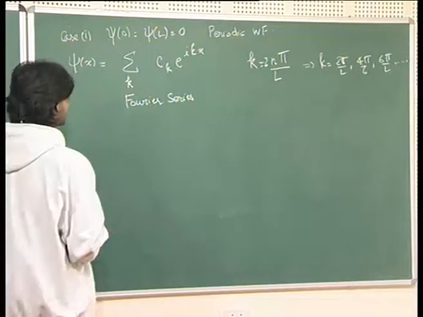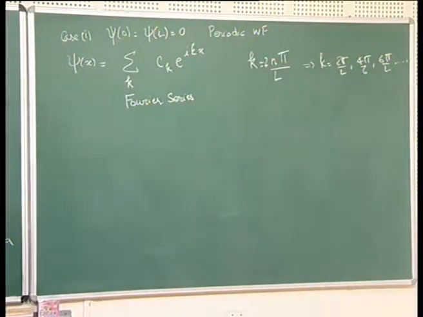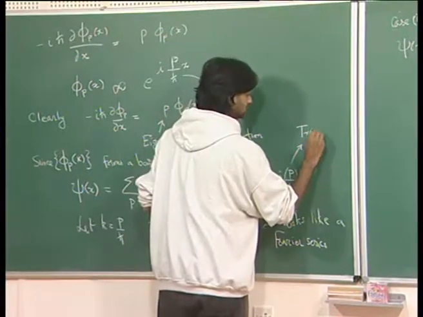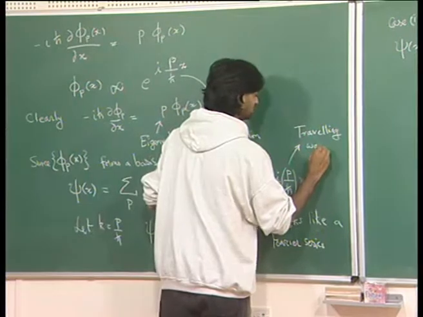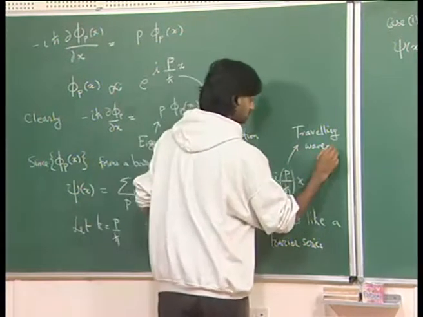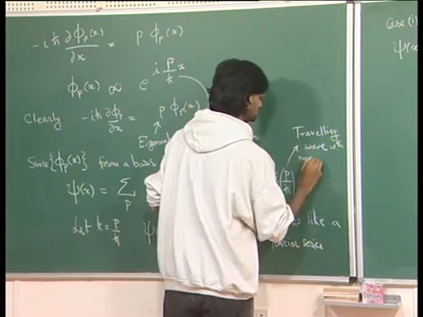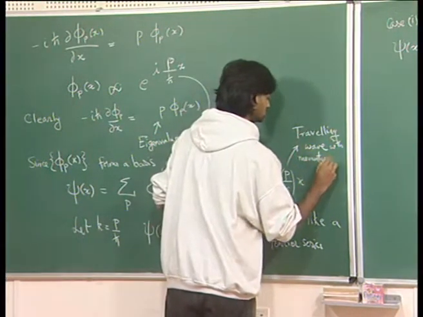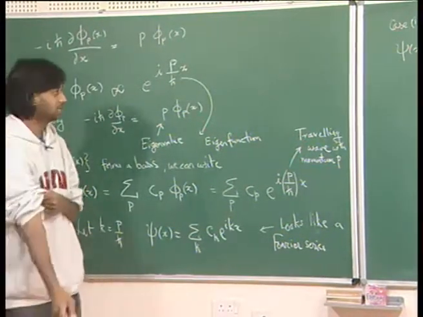So, this corresponds to the travelling wave solutions. So, this is your travelling wave with momentum p. So, that is your psi of x.